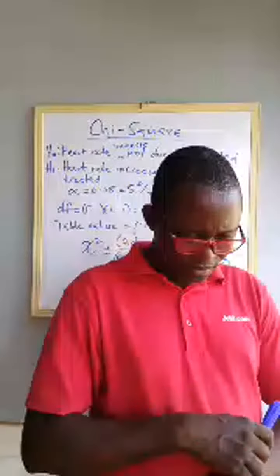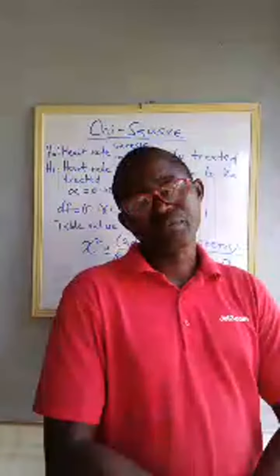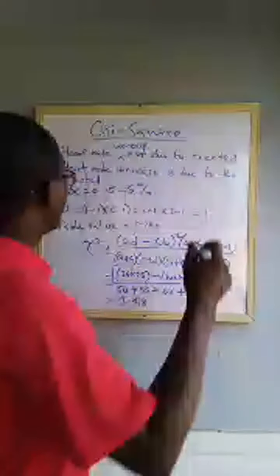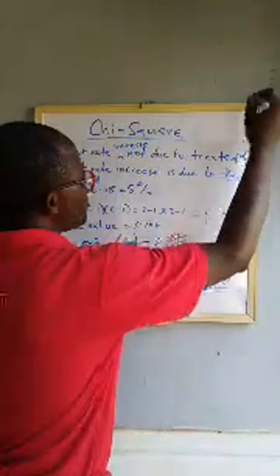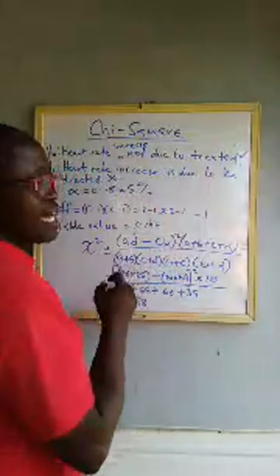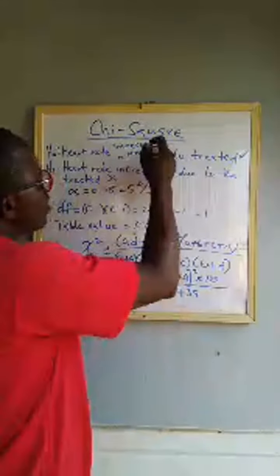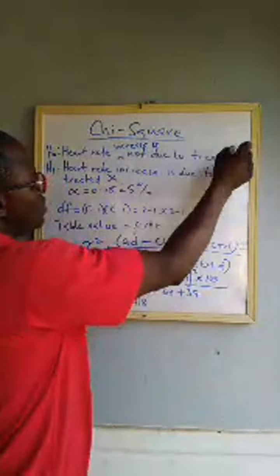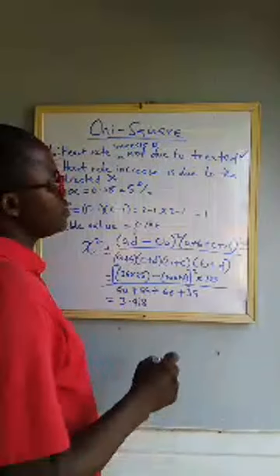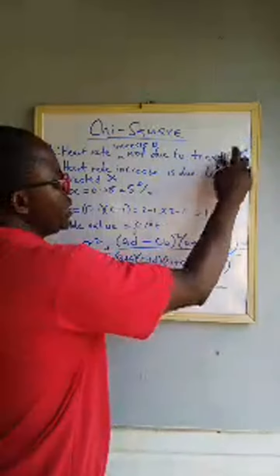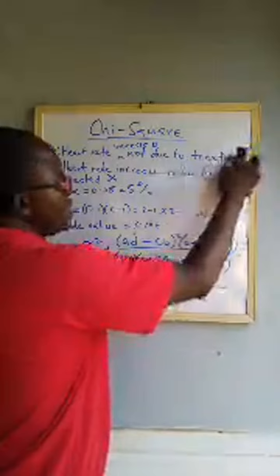So for that reason, we accept the null hypothesis and we reject the fundamental hypothesis. And the null hypothesis says the heart rate increase is not due to the treatment. It's not due to the drug treatment.